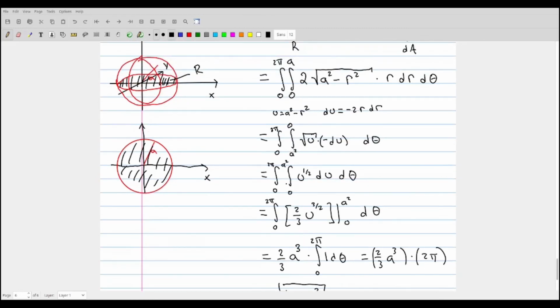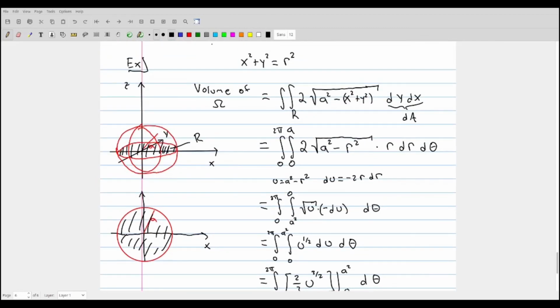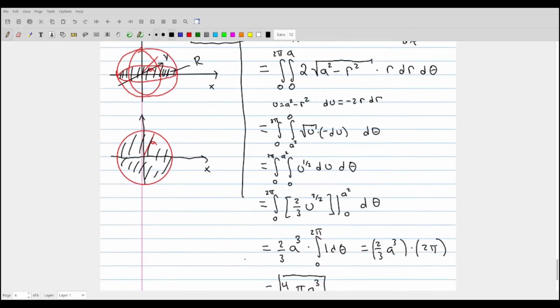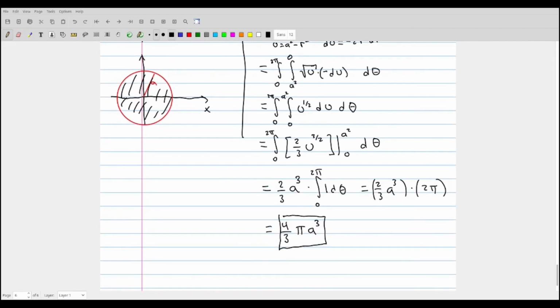Which is the exact formula you'll remember from maybe a high school geometry class, for the volume of a sphere. So you can hopefully see that this is a very, very powerful method. It's so powerful, in fact, that it can be used in a wide variety of applications.